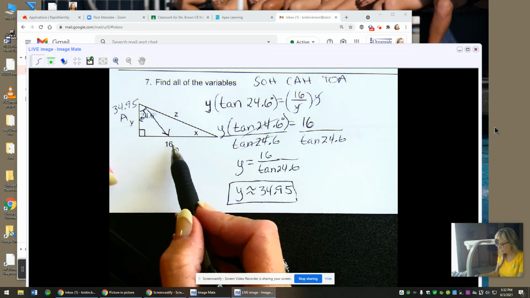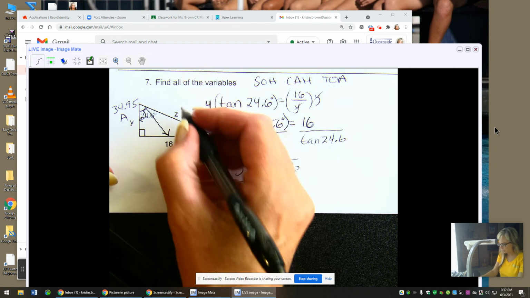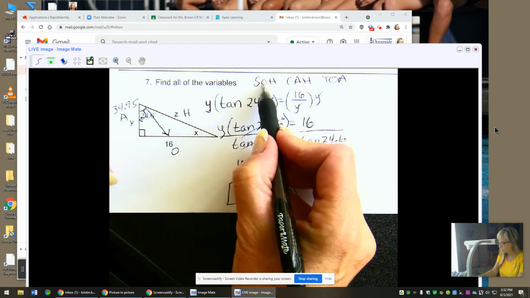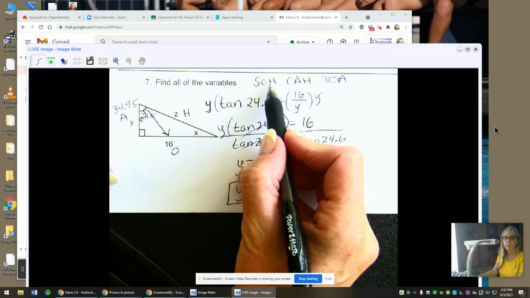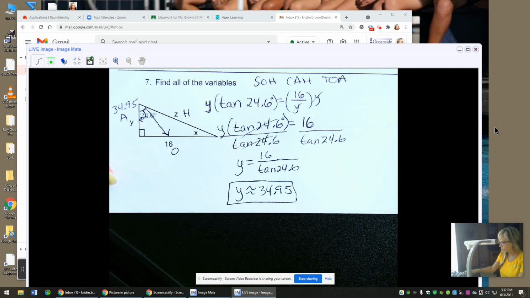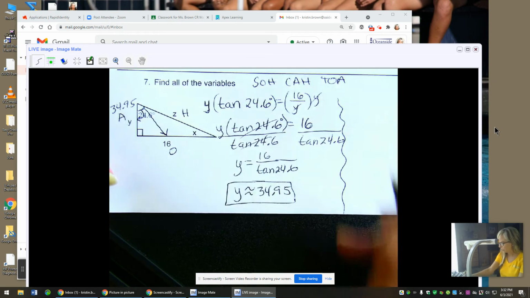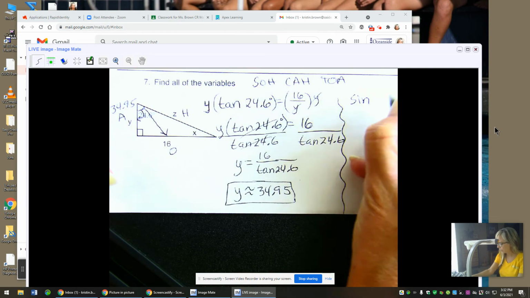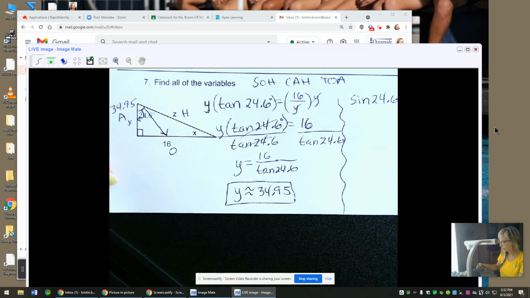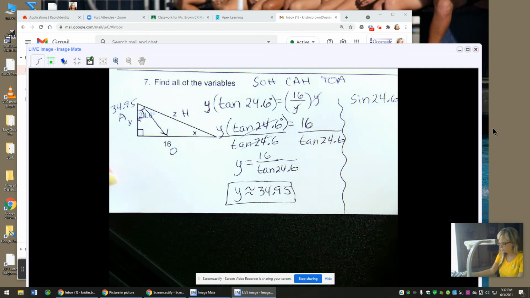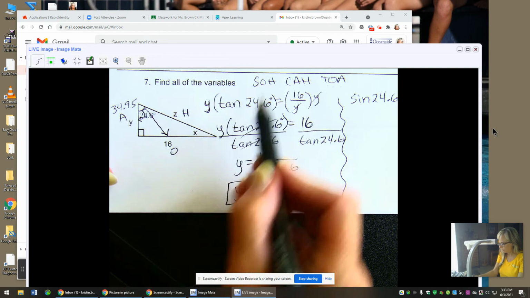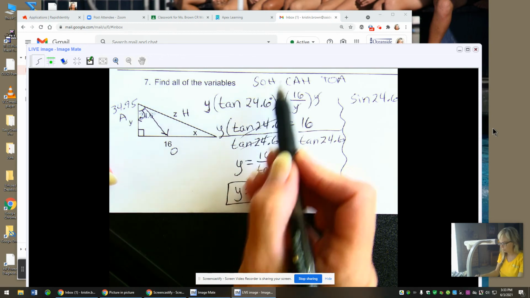So here we go. We have opposite. This time I'm looking for z, and that is the hypotenuse. The only one that has O and H is SO, or sine is the trig function. Give myself some room. So we're going to set it up sine. Always the angle after the trig function equals the ratio. The ratio is opposite over hypotenuse.